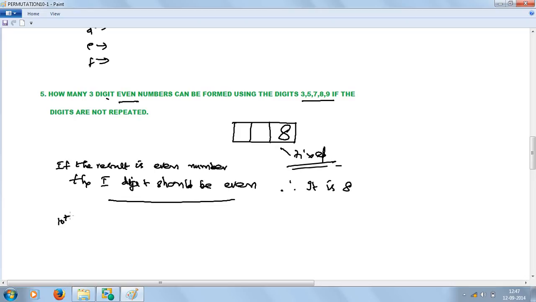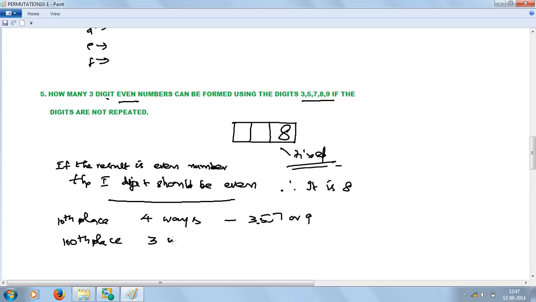So 10th place, in how many ways we can fill up? We have got 4. We can fill up in 4 ways. What are the 4 ways? 3, 5, 7 or 9. What about 100th place?